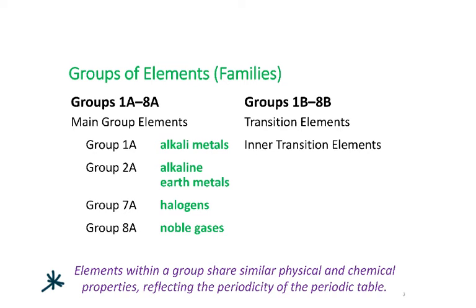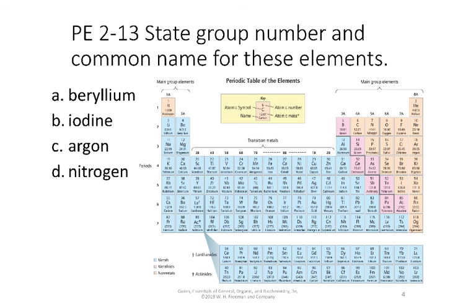So to practice looking at a periodic table, finding elements, saying something about their group membership, here is practice exercise question 213. So for these 4 elements, state the group number and common name for these elements.